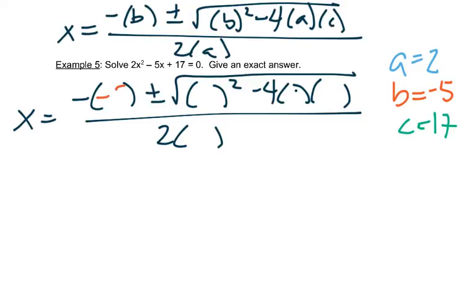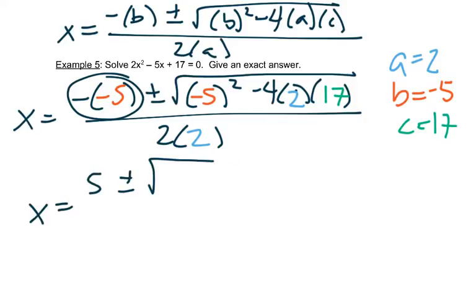So we start with a negative 5 in the first two parentheses, and then a 2 goes in the next one and in the denominator, and the 17 goes in the last one. So we'll start with simplifying it the same way, and the opposite of negative 5 is 5. We'll do the part that's underneath the square root all at once. And if we do that, we get a negative 111, and 2 times 2 in the denominator is 4.